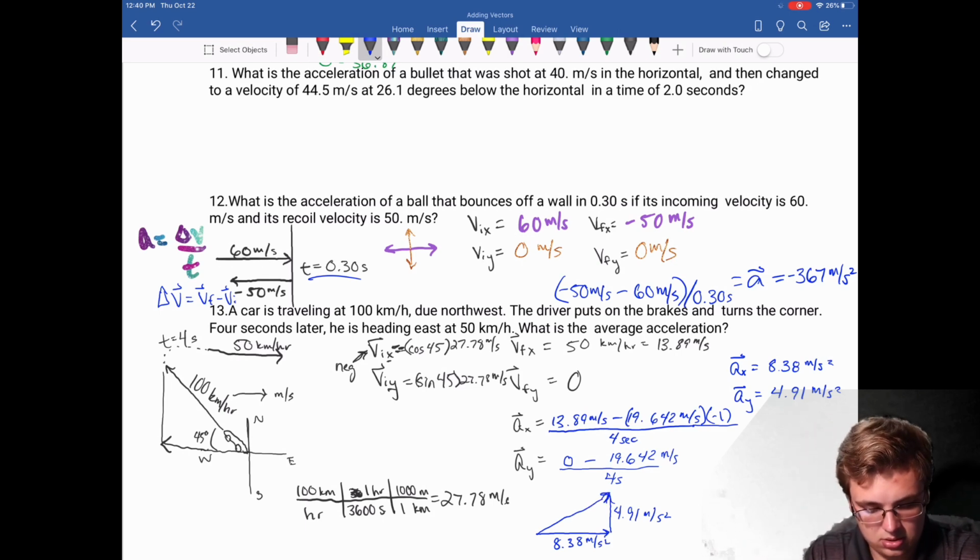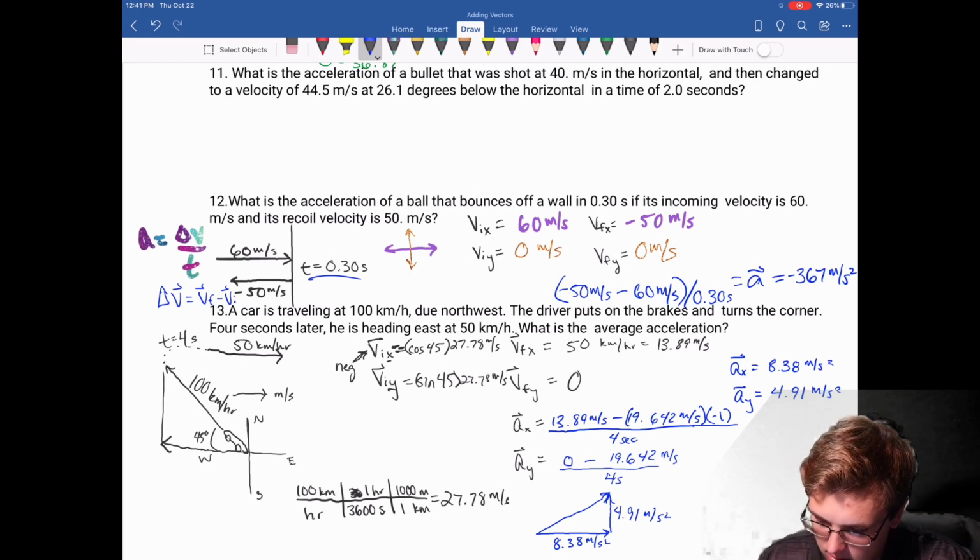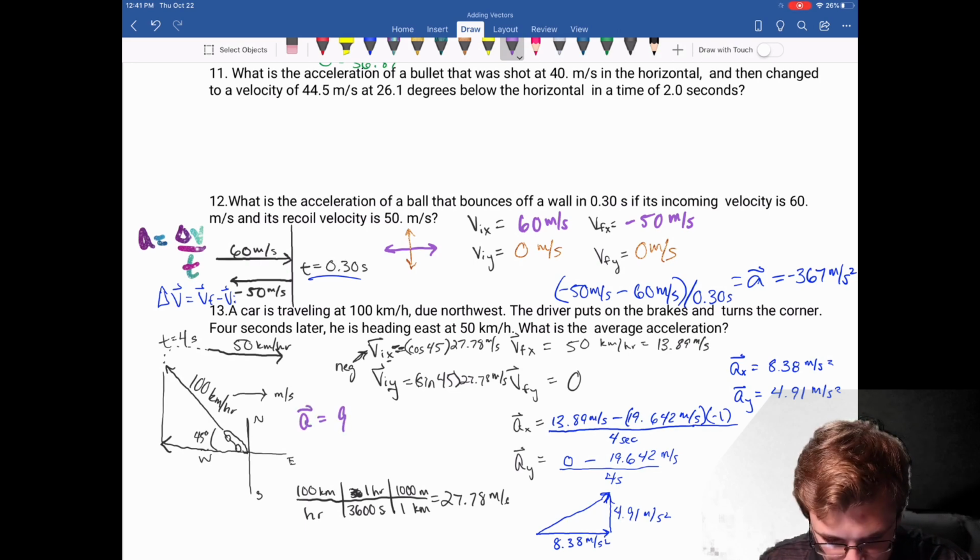Taking the Pythagorean theorem, we get 9.715 meters per second squared.